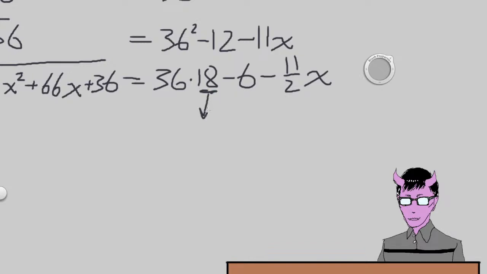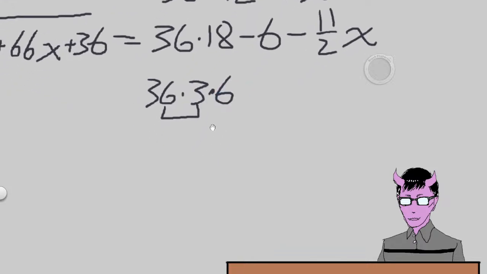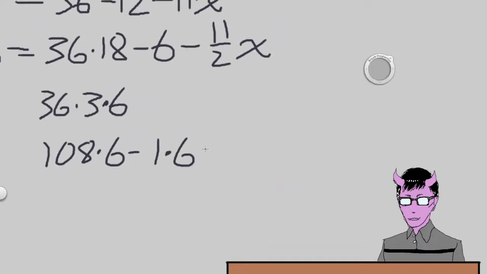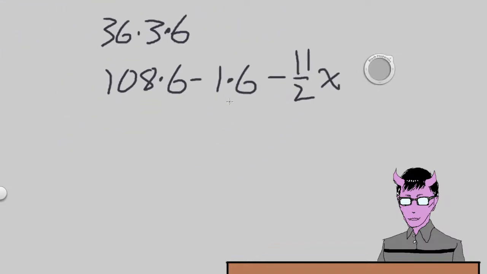So this 18 is just going to be 3 times 6, right? And then we can just multiply those two together first. So 36 times 3 is a little bit more doable. So that's going to be 108 of these 6's. And we're going to be removing one of those 6's. Whoops. Yeah.